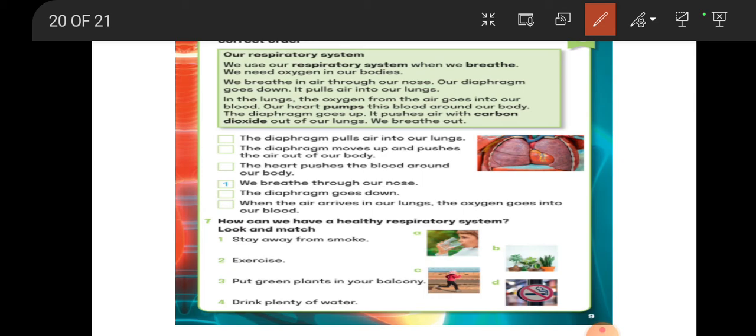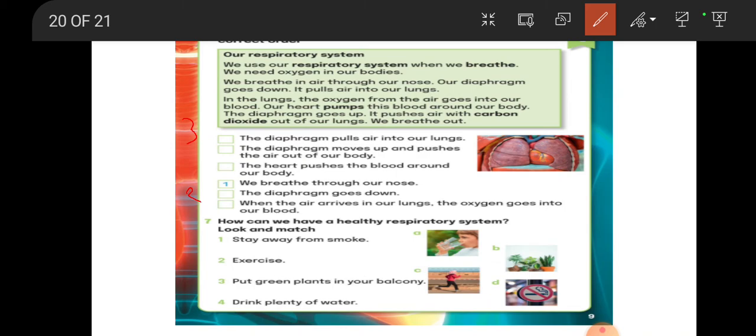So number one, we breathe through our nose. And then number two, the diaphragm goes down. And then the diaphragm pulls air into our lungs.